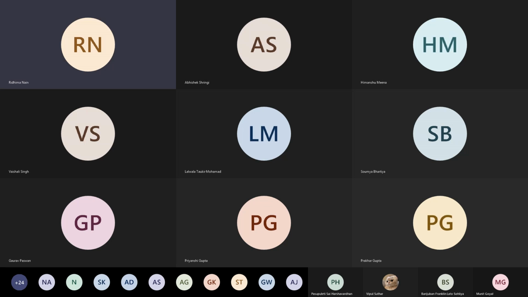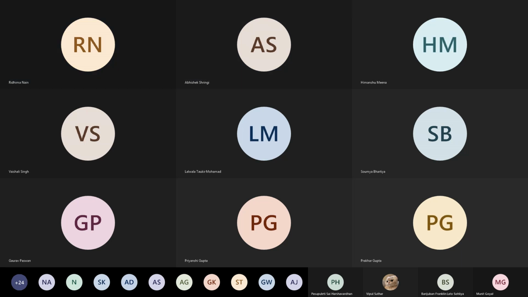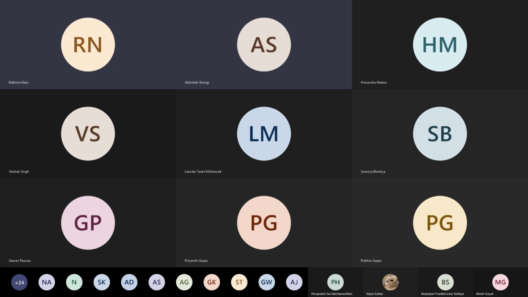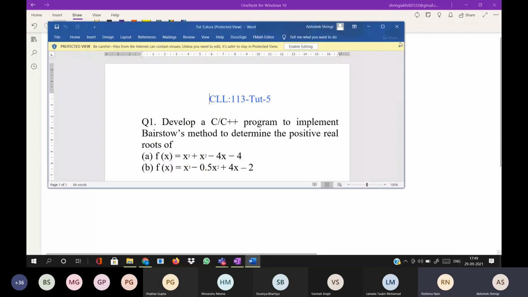Cool, then I think we can start with the tutorial sheet. You can also post your doubts in the chat section. So guys, have you all read the problem?